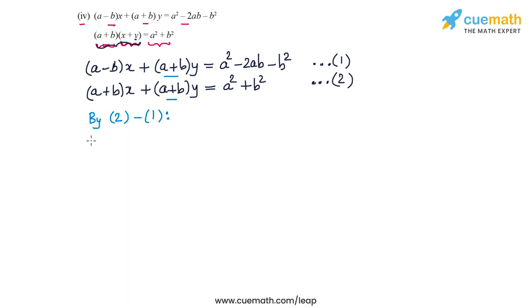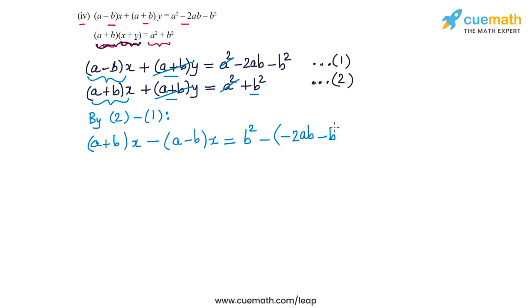On the LHS, I will get a plus b times x minus a minus b times x, and the y terms will cancel out. On the right side, the a square terms will cancel out. I will have b square, and from the first equation, I will have minus 2ab minus b square. So this is what I'll get on the RHS.